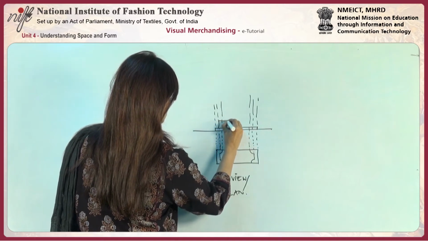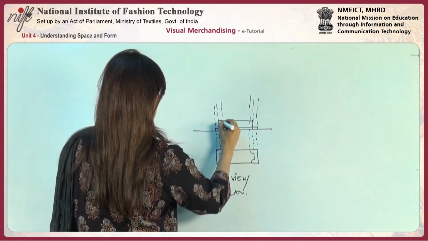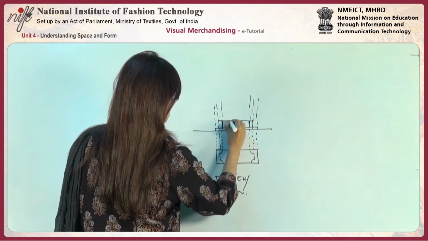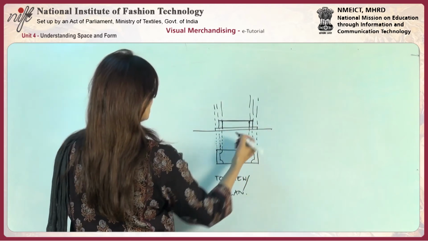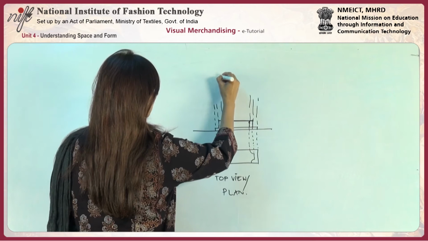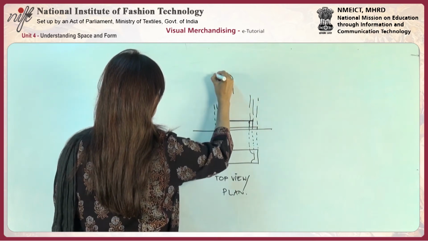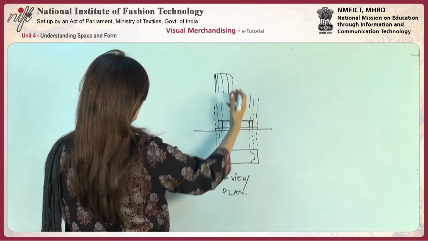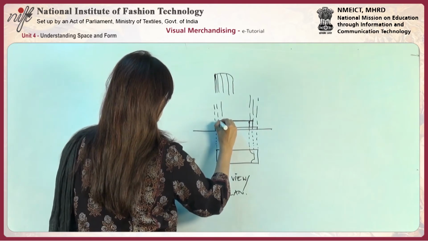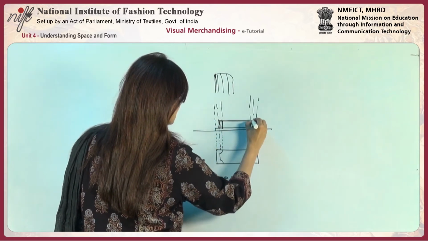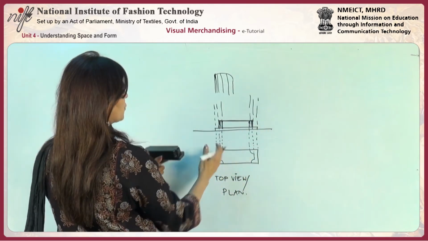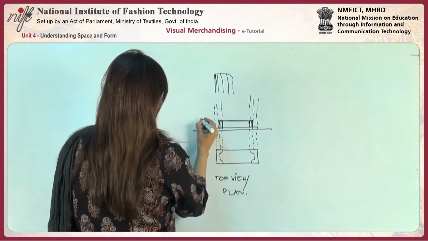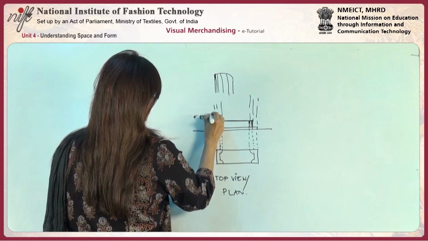So let's consider this is a height and this is our front piece. So we see our front piece and that's a back piece. Now when you are rendering something that is circular, you render these lines closer, and as it comes closer to you, it becomes thicker. So the rendering would be like this. So this makes you understand that the figure is going inside and to the back. So this is our front view.